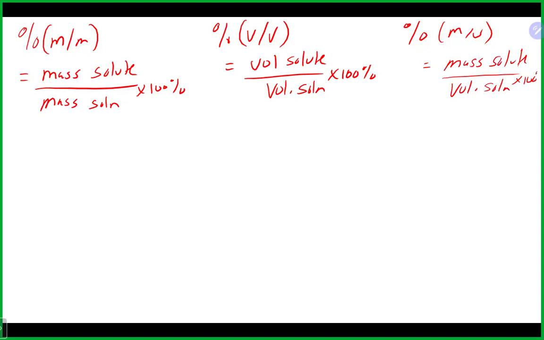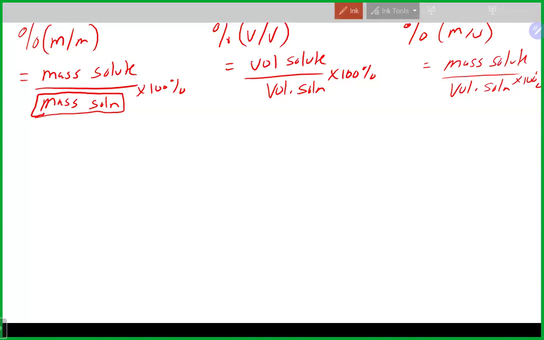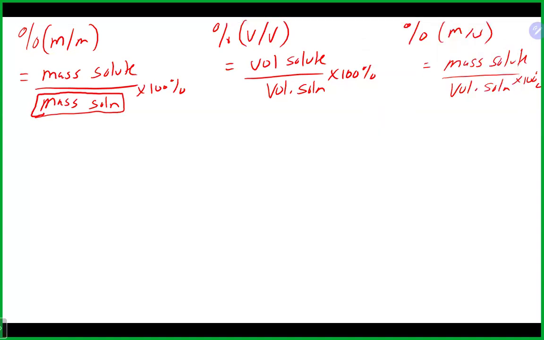Remember as well that out of all three of these, this is the one very commonly that people mess up on. And it's really because a lot of times in these questions, you are given the mass of the solution separated into its two parts.